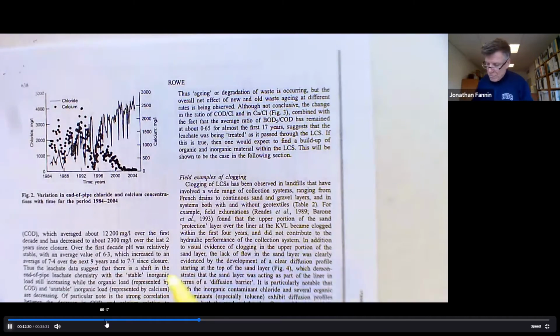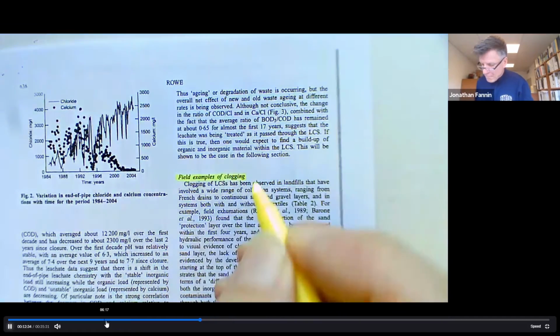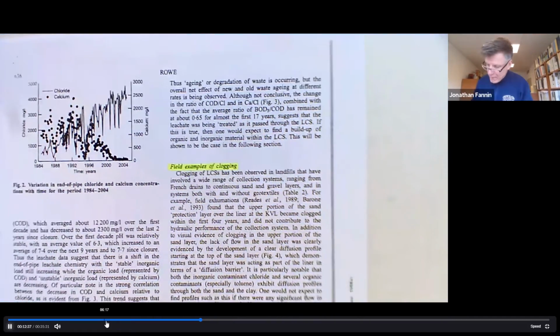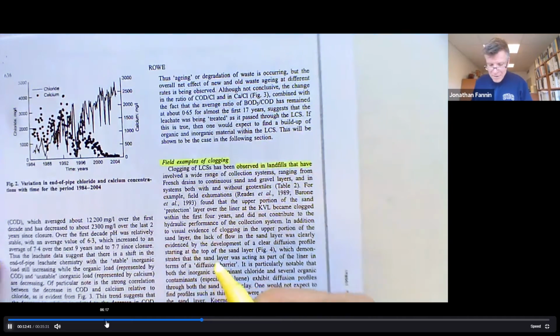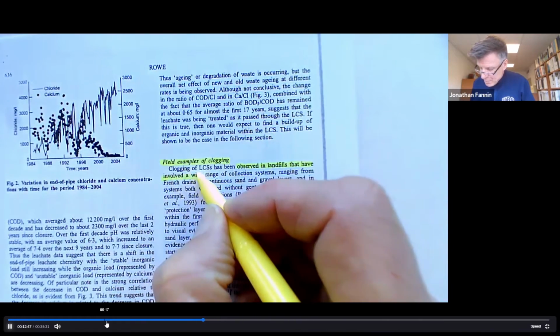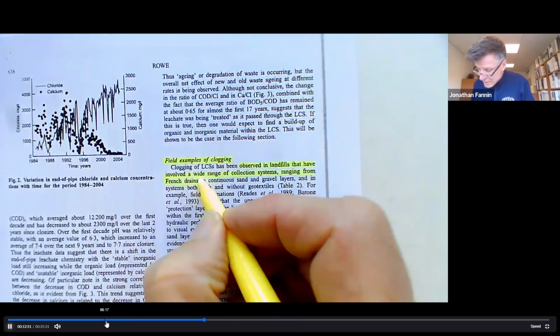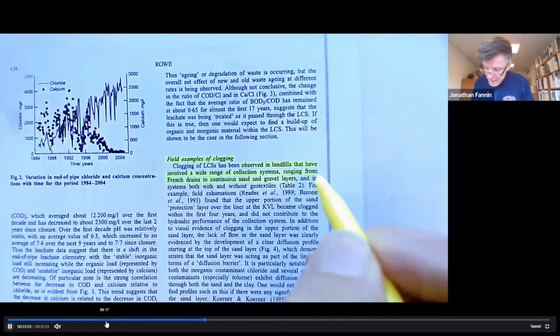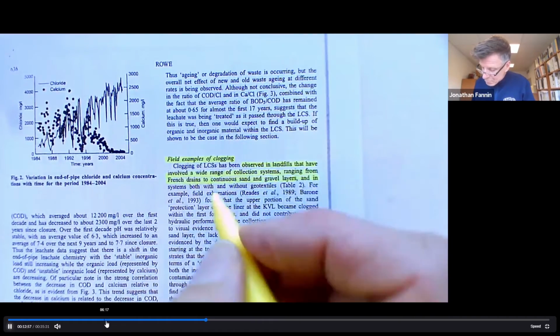He speaks to field examples of clogging. Okay, so clogging has been observed in landfills, right, that have had a wide range, right. So just because you got a big drain doesn't necessarily prevent it. So we've had clogging from French drains, continuous sand and gravel layers, and in systems both with and without geotextiles.